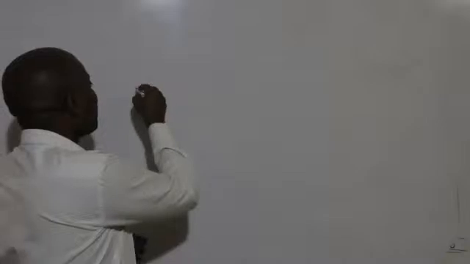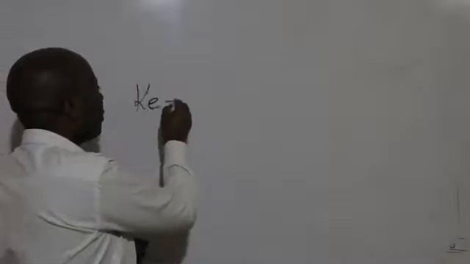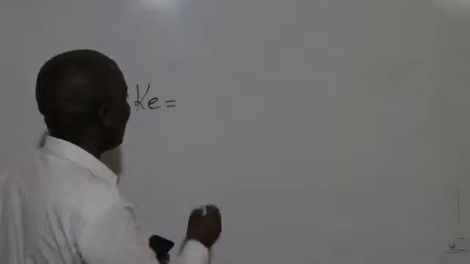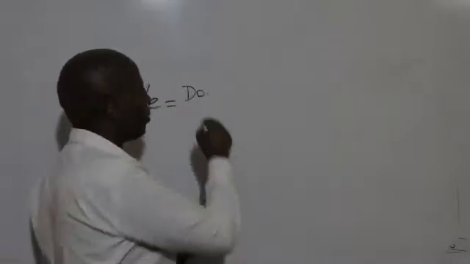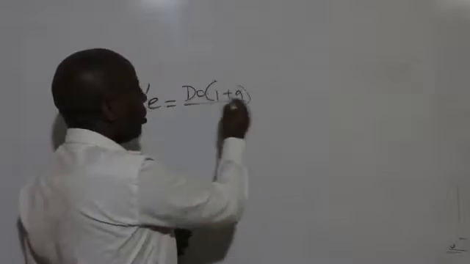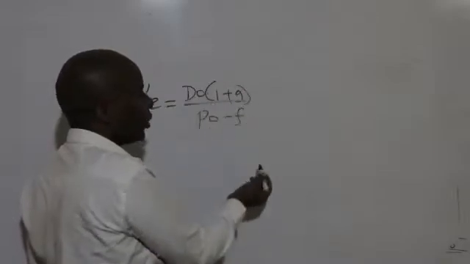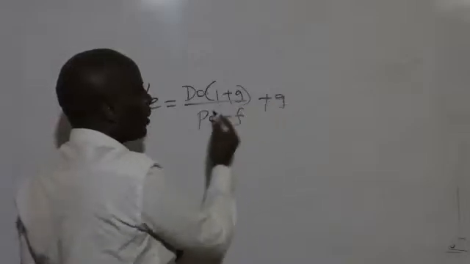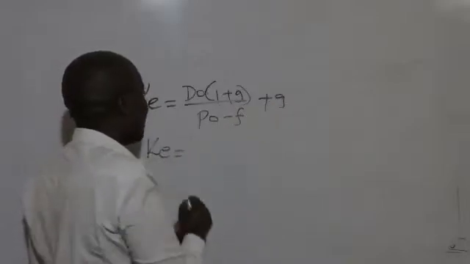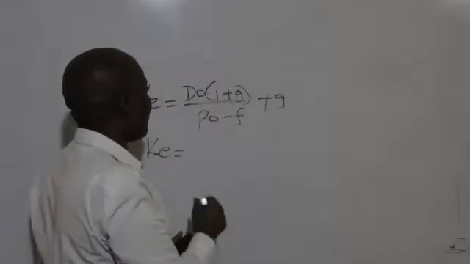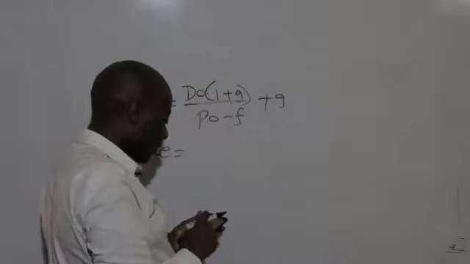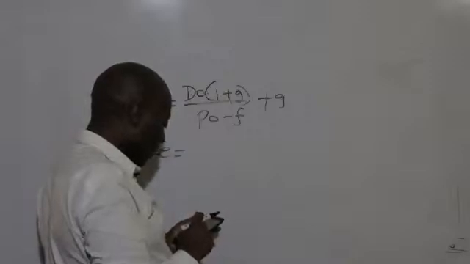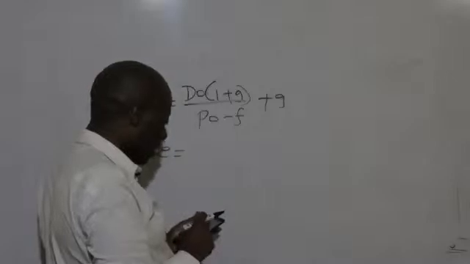To get cost of equity, ladies and gentlemen, what do we have here? D0 into 1 plus g all over P0 minus flotation, plus g. So we have our cost of equity being equal to D0, which has been given. Market value is 2.8, dividend is 0.2.